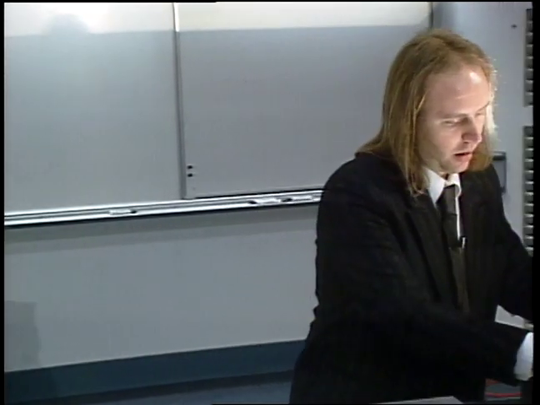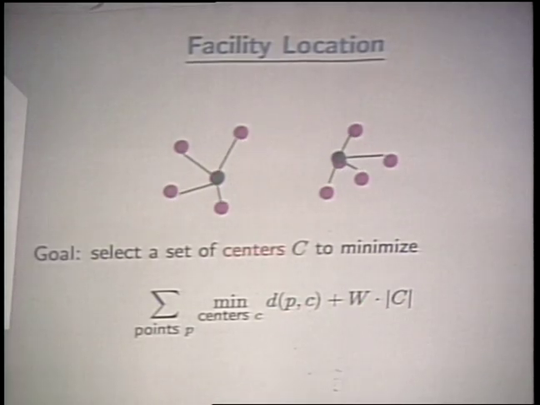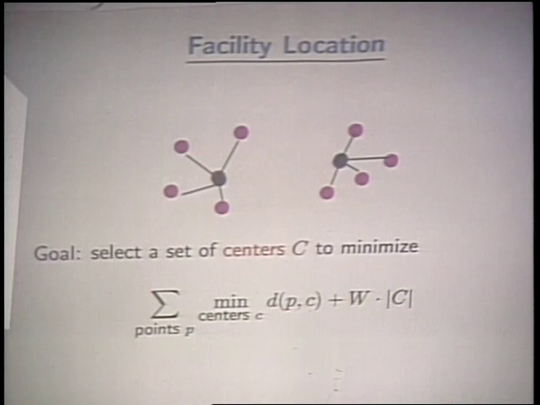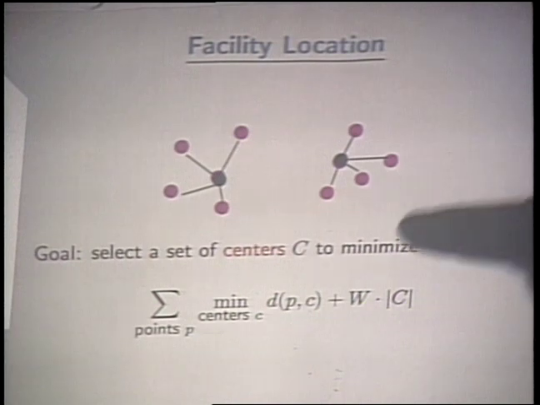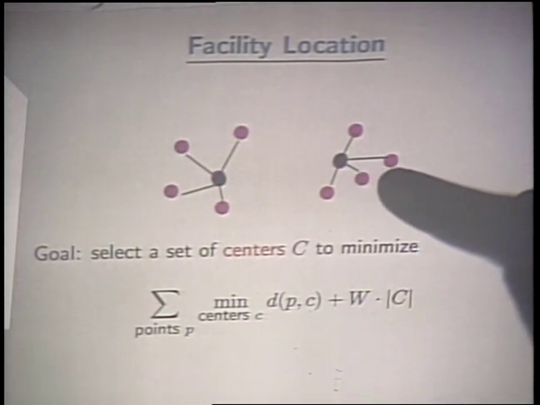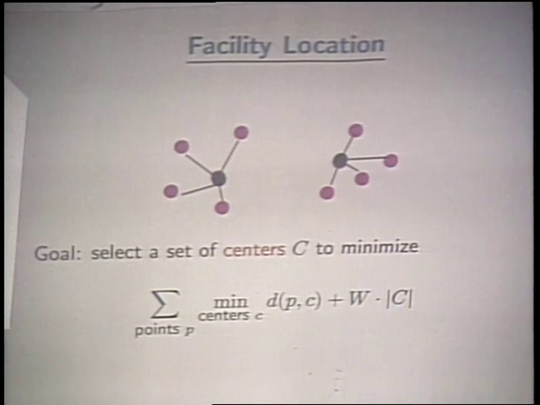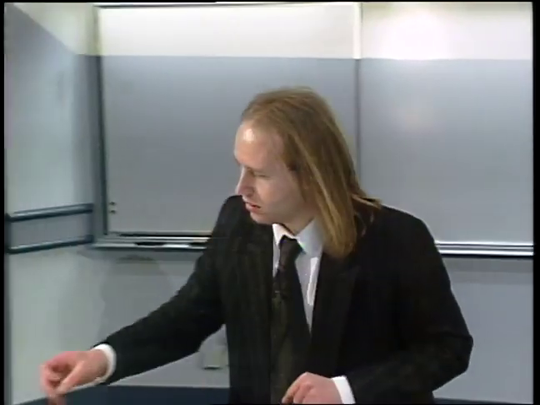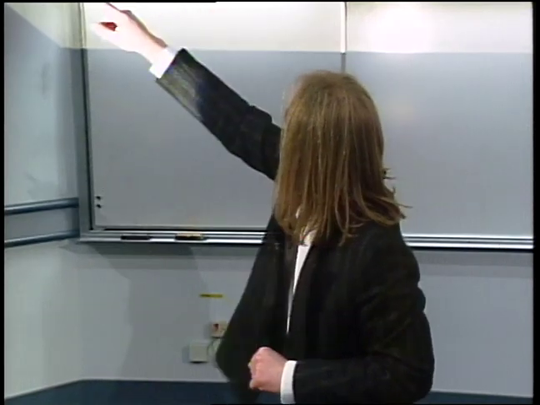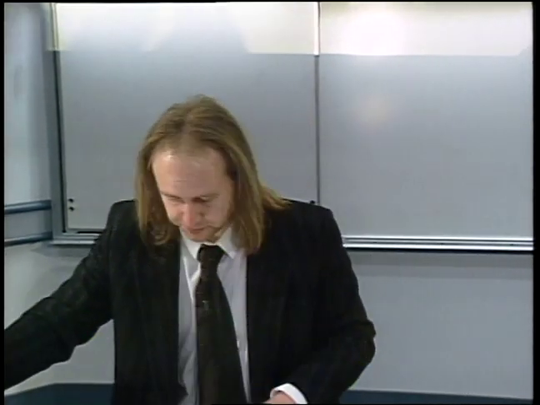The instance of the problem is a set of points, and our goal is to find some number of so-called centers, okay, in order to minimize this objective function, which is just the sum of all of these distances from each point to the nearest facility, okay, to the nearest center, plus the cost of opening facilities, which in the simplest case is just the number of the centers multiplied by some weight. Yes, in more complex cases, each center could have separate weight. So this is the facility location problem. And we can also reduce it to this online problem.